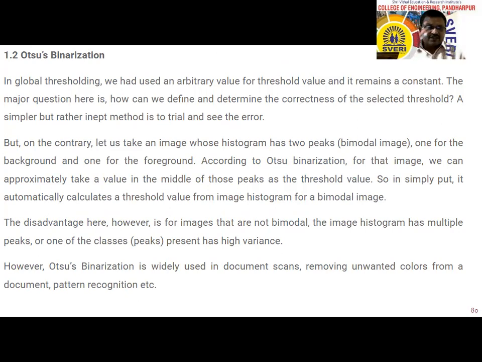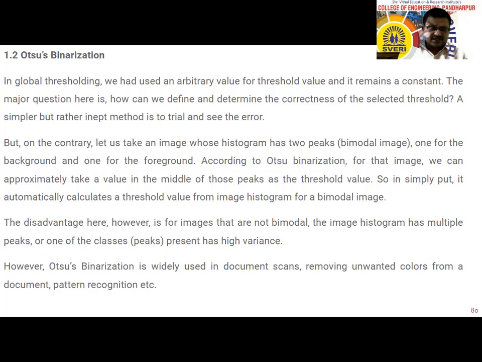The major question here is how can we define and determine the correctness of the selected threshold value? A simple but rather inefficient method is to try and see the error. But on the contrary, let us take an image whose histogram has two peaks, a bimodal image, one for the background and one for the foreground.